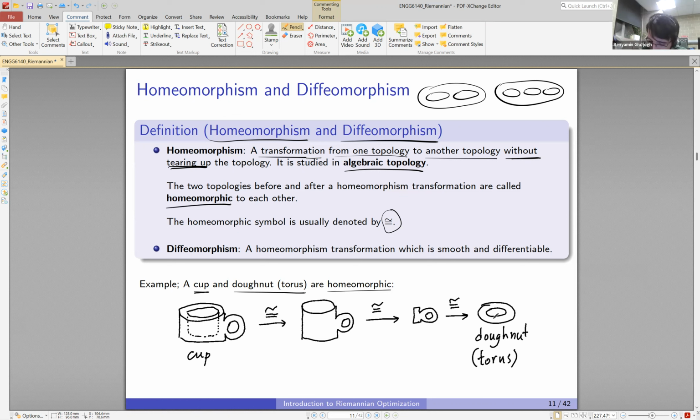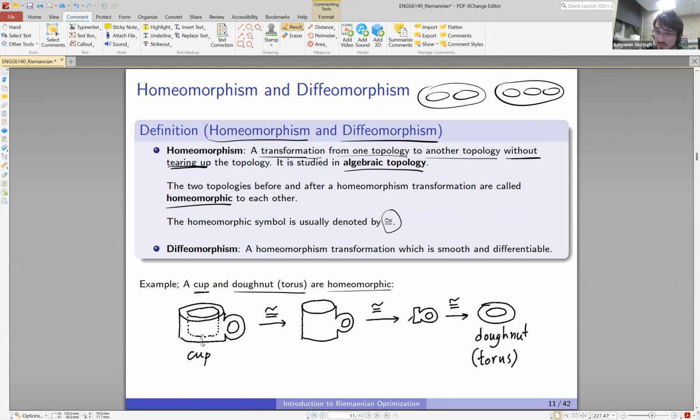Or equivalent in terms of algebraic topology. Why? Because assume this is the cup. Here, it's not a hole. I can fill it up. I can deform this and increase this height without any tearing up. So I can fill the cup completely, and then I can shrink this part to become like this.